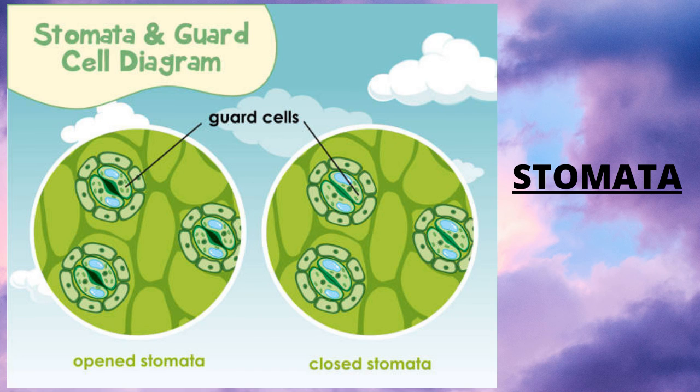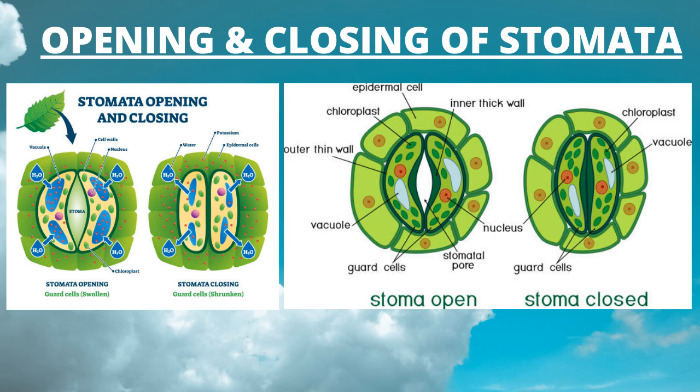And as the stoma opens, the carbon dioxide enters the leaves. So the guard cells swell when water flows into them, causing the stomatal pore to open. Similarly, the pore closes if the guard cells shrink. So now we understood how carbon dioxide is obtained by the plants.